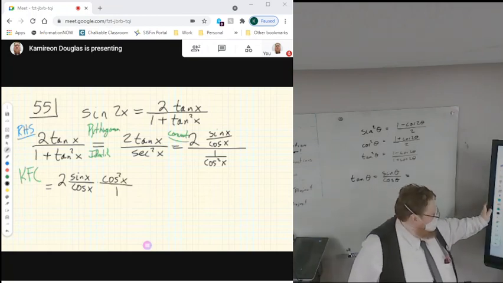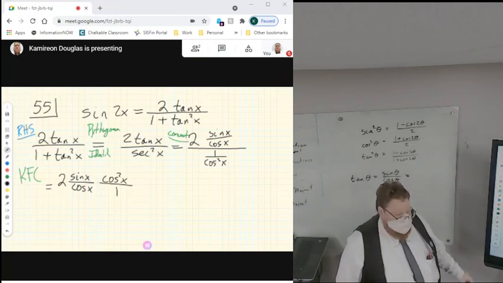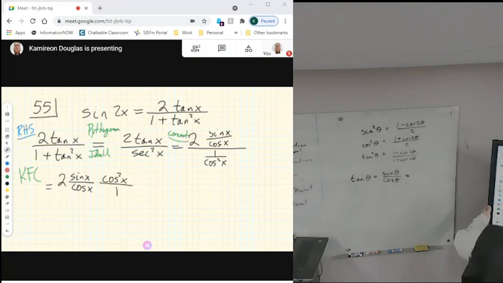Now, what can we do next? Cancel the cosine. What's left behind? We got rid of a cosine by canceling on top and bottom, and we now have 2 sine x cosine x.